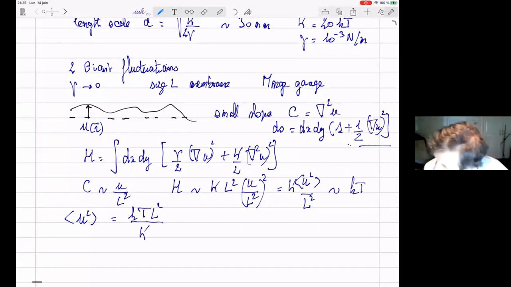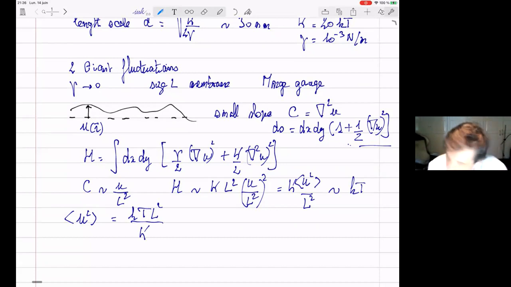What this tells you is that there is no new length scale in this problem. The only length is the size of the membrane, and the amplitude of the fluctuation scales with the size of the system. So this is a problem with giant fluctuations, and you can use all the fancy theoretical techniques that people use for critical phenomena, for instance.